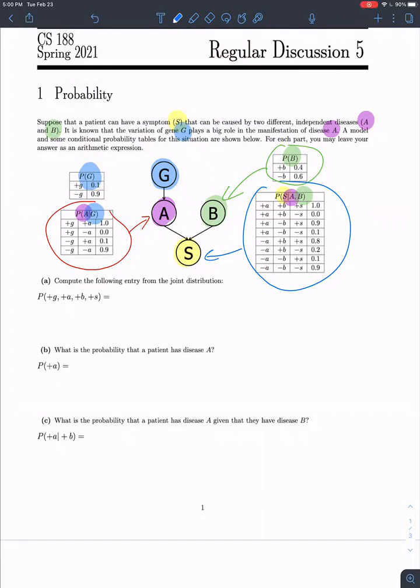So first, we're going to compute this entry from the joint distribution. What's the probability of G given A, B, and S? Well, we can expand this out by going from top to bottom in the graph.